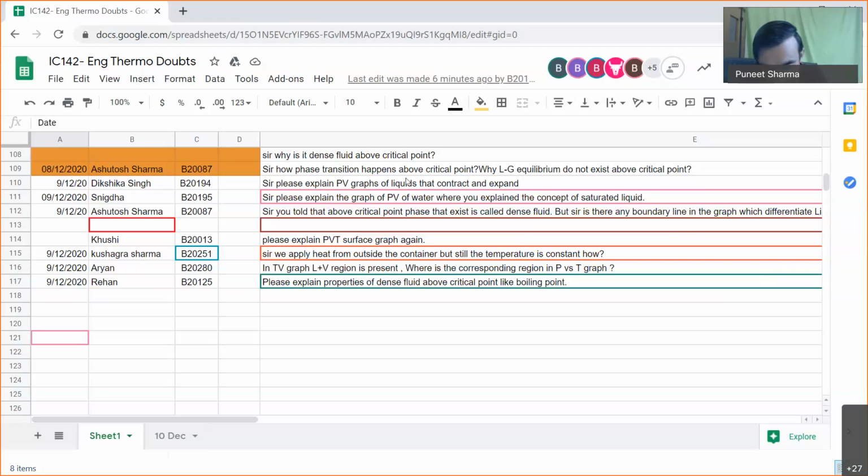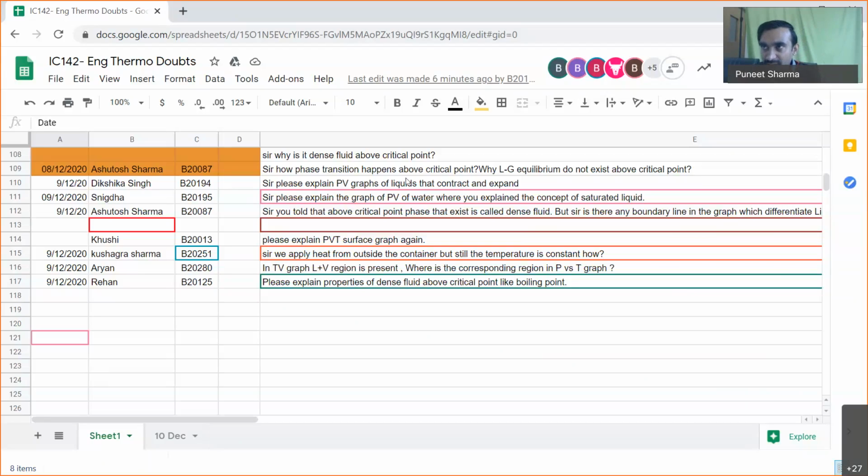Then the next question is, in TV graph, liquid vapor region is present. Where is the corresponding region in PVT graph? Okay. In PT graph, whatever the liquid vapor region we are having, that appears as a single line.